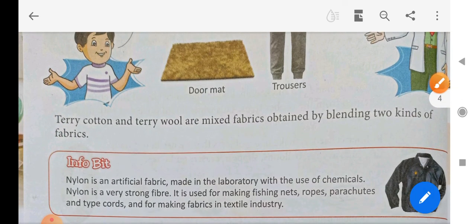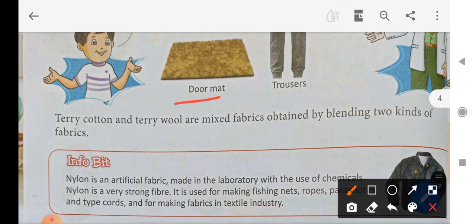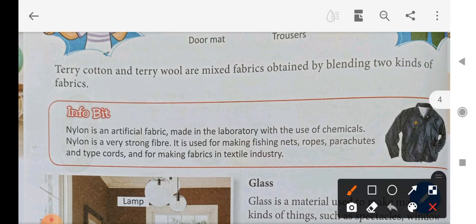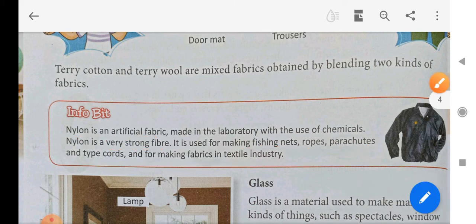The next one, the toe mat and the trousers are made of terry cotton and terry wool. And see, nylon is an artificial fabric, and it is a very strong fiber used to make fishing nets, rope, parachutes, tyre cord, and it is also used to make fabrics in textile industries.